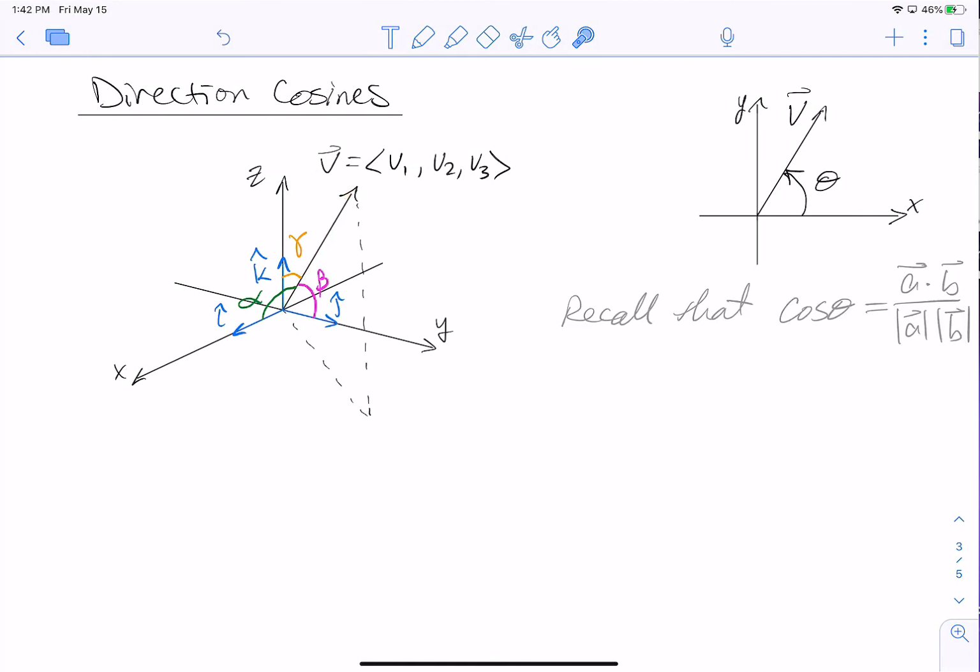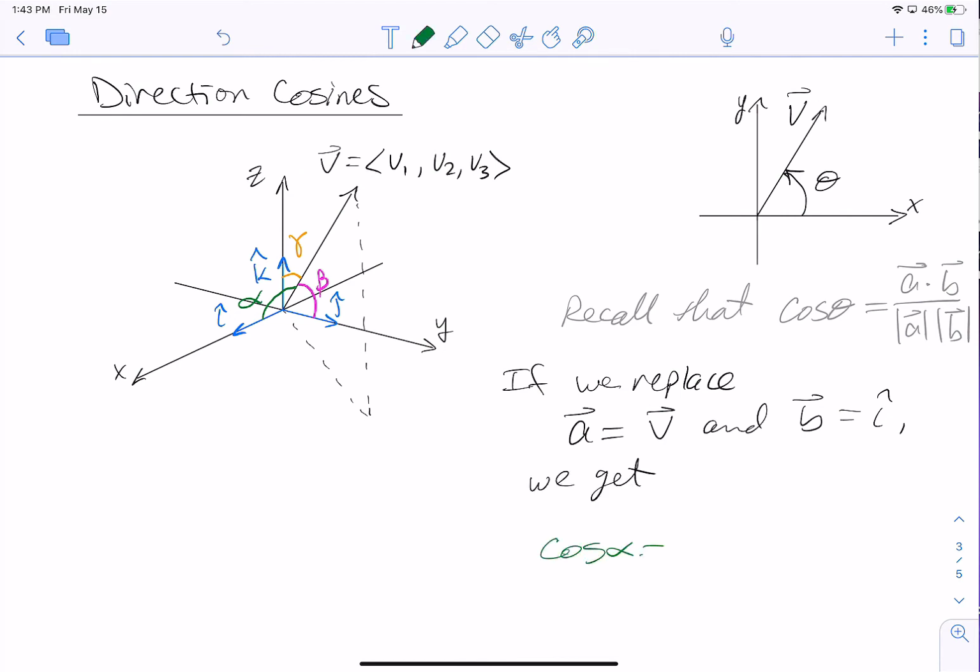Keeping in mind that the cosine of theta, generally speaking, is a dot b divided by the magnitude of a times the magnitude of b, if we replace a with v and b with i, then we get that the cosine of alpha is equal to v dot i divided by the magnitude of v times the magnitude of i.